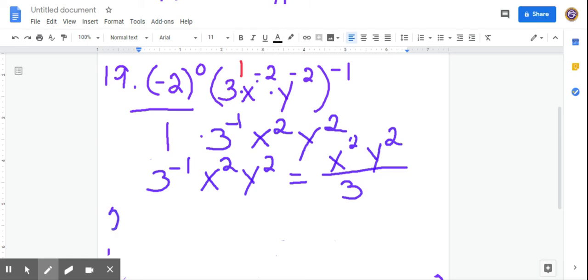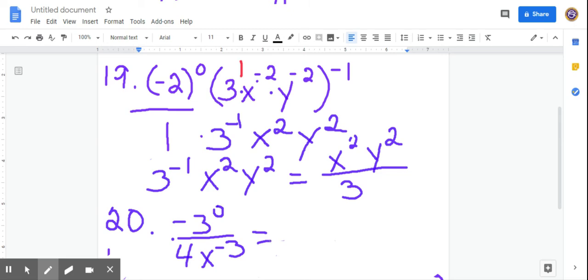Number 20. The careless mistake that people make on 20 is in the numerator. That negative sign is not with the 3.